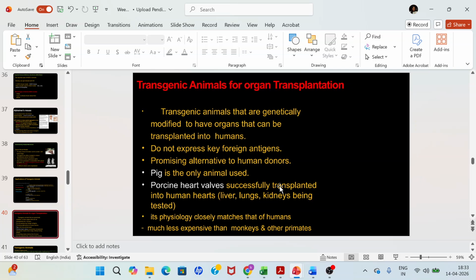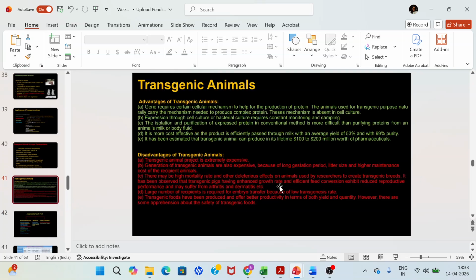The transgenic animals are also used for organ transplantation in some cases, but obviously they need to match many factors so that the body doesn't reject the transplant. So what are the advantages of transgenic animals? Gene expression requires certain cellular mechanisms to help in the production of protein. The animals used for transgenic purposes naturally carry the mechanism needed to produce complex proteins.